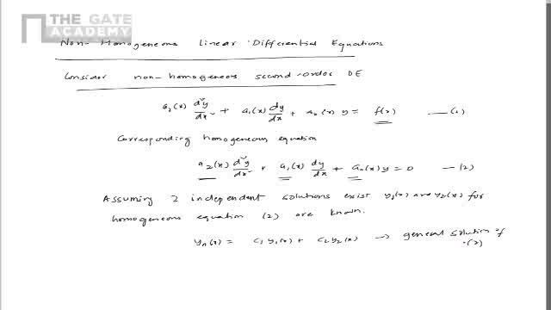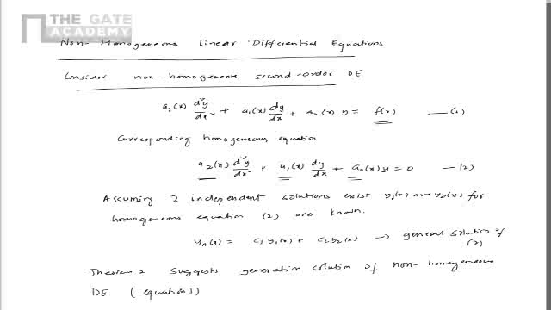Now what does theorem 2 say? Theorem 2 suggests the general solution of the non-homogeneous differential equation, which is represented by equation 1 here.